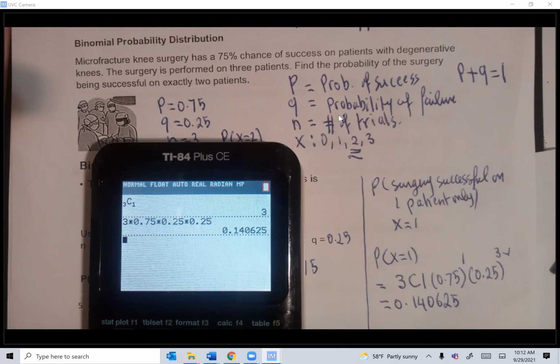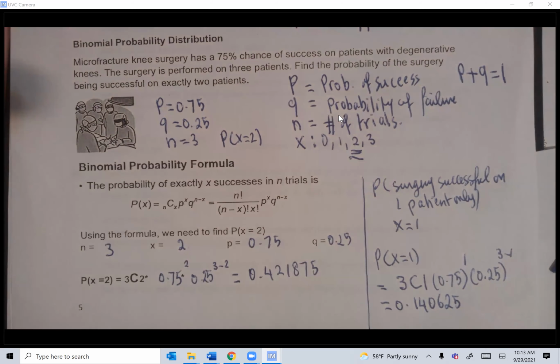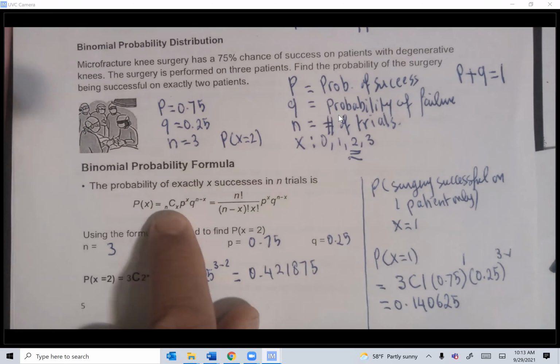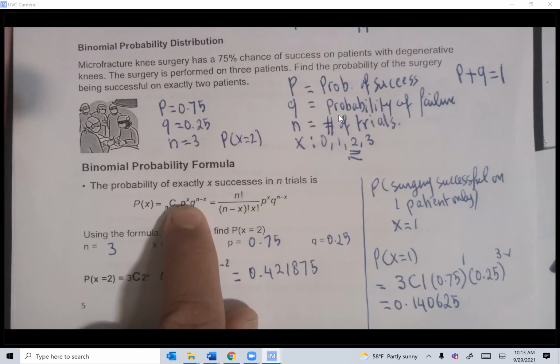Okay. Let's say I ask you what's the probability that this surgery will be successful on no patients at all. So probability of x equals 0. If you want to use this formula, your x is 0 here. So it will be 3 choose 0, p raised to the 0 power, and q raised to the power of n minus 0, which is 3 minus 0.